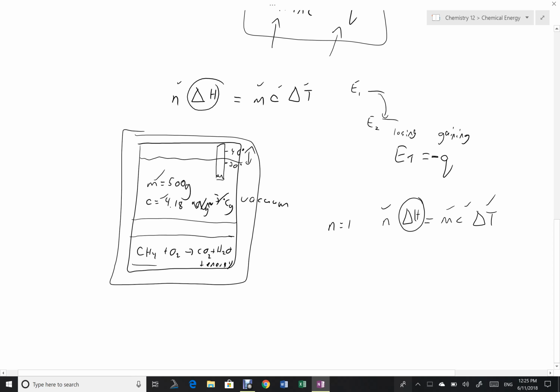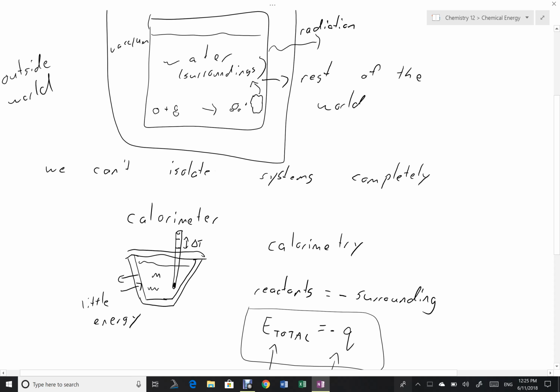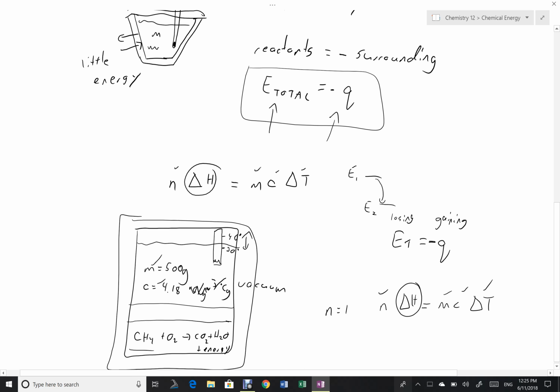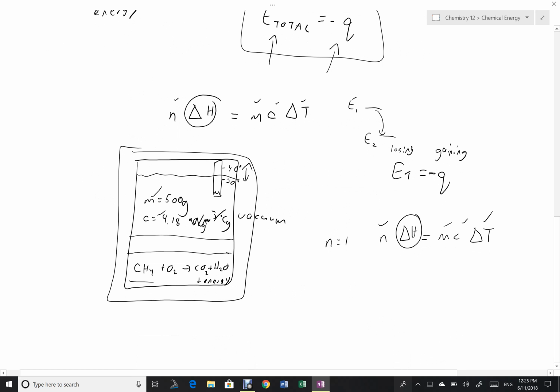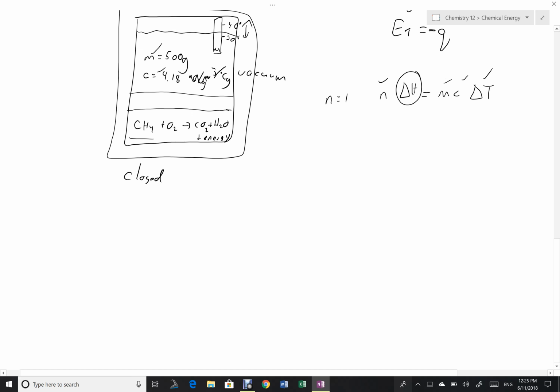So that's the basic idea of calorimetry. That's how we came up with all of these delta H values in the first place, by doing experiments like this, where we're very, very careful to keep our system as closed as possible. We're aware that in the real world, all systems, especially the ones we're going to work with in class, are really open systems. Energy is really exchanged with the environment.